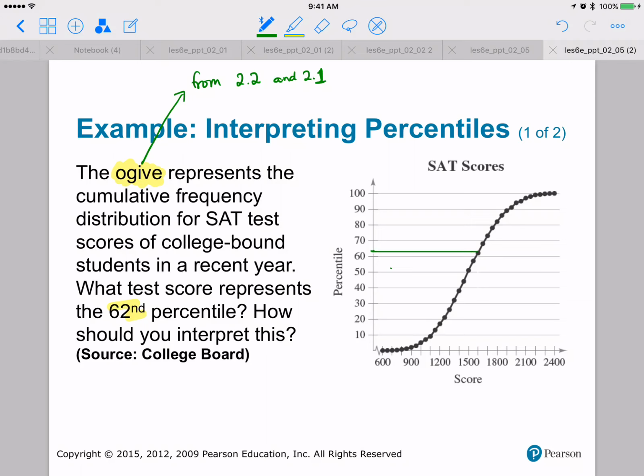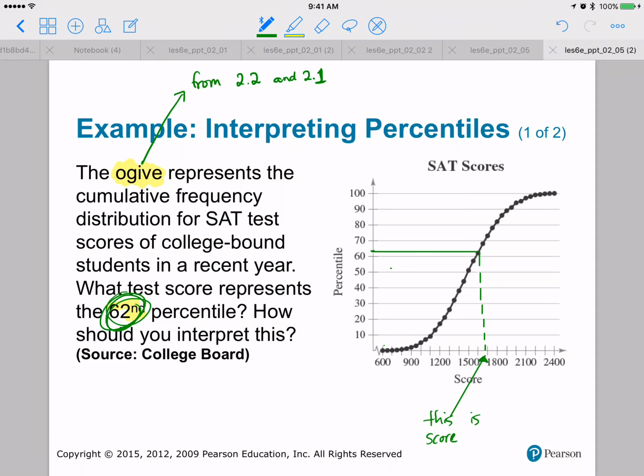Okay, it looks like this is the score. This is a score corresponding to the 62nd percentile. So let's see if we can try to estimate what the score is.